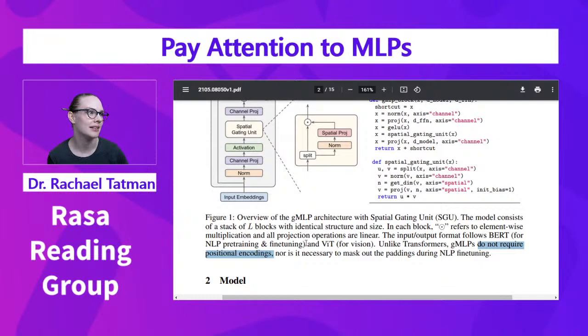So you need to add an additional layer to any transformer architecture if you care about order in your output, which usually you do if you're working with language, because you can't just shuffle pieces of language and get meaningful information back out, or at least untransformed information. So you don't need that step. And you don't need to mask out the paddings during NLP fine-tuning.